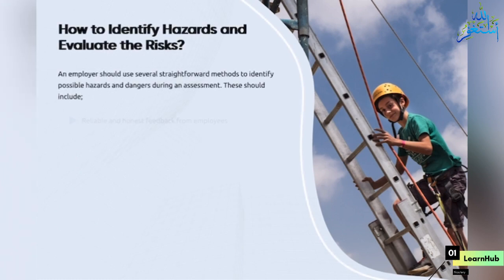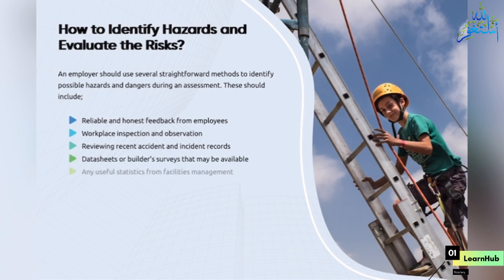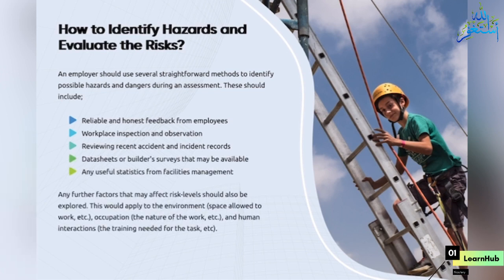How to identify hazards and evaluate the risks. An employer should use several straightforward methods to identify possible hazards and dangers during an assessment. These should include reliable and honest feedback from employees, workplace inspection and observation, reviewing recent accident and incident records, data sheets or builders' surveys that may be available, any useful statistics from facilities management.